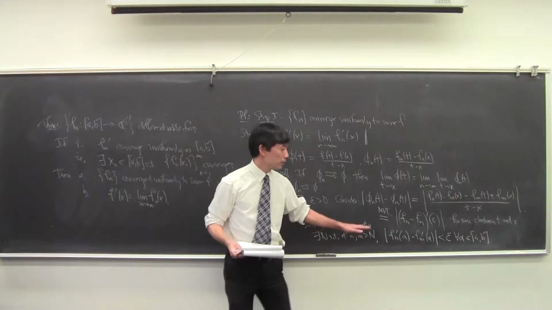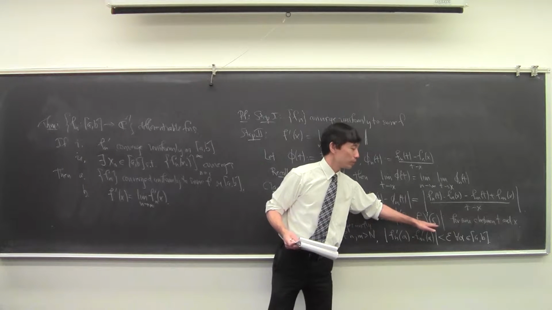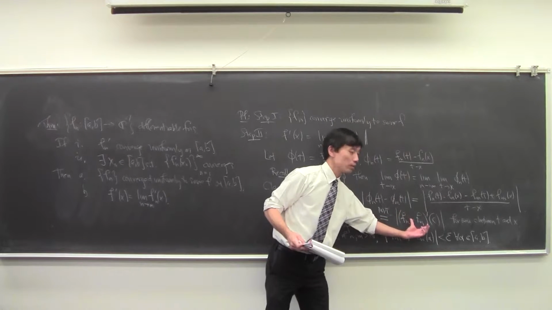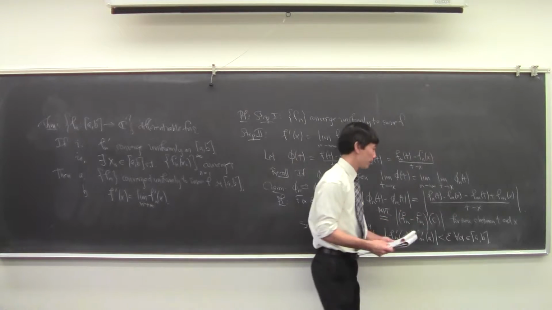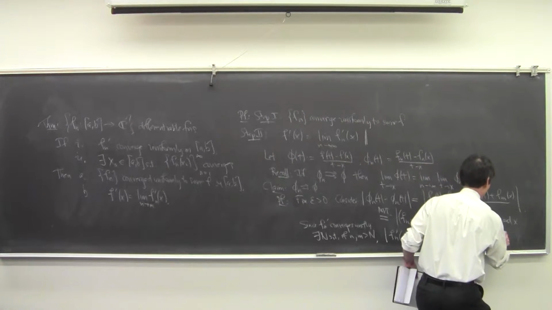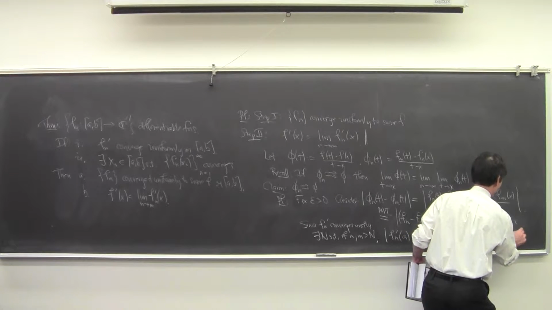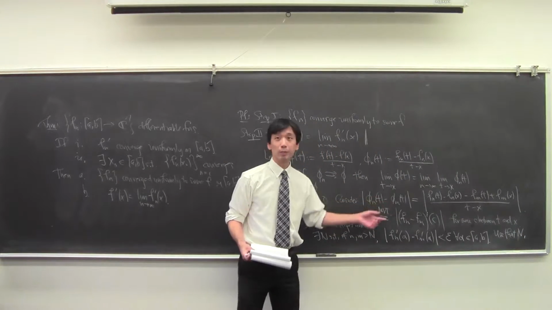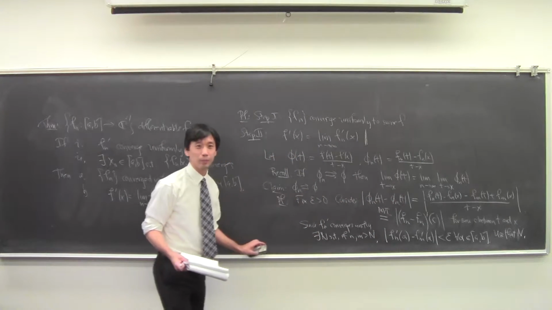So no matter what c you've gotten, this size is going to be smaller than epsilon. So use that n. And then this thing's smaller than epsilon, and that's it. Okay, so it's pretty straightforward.